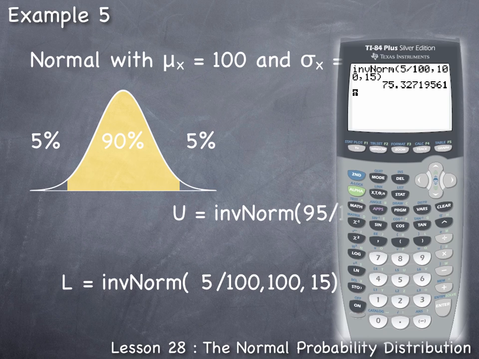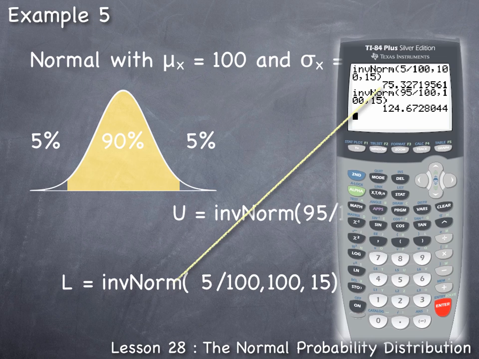For U, we go to inverse norm by pressing second, DISTR, arrow down till we get to inverse norm, and then we type in 95, divide by 100, comma, mu was 100, comma, sigma was 15. Close parenthesis. Enter. Here we get a value of about 124.7.